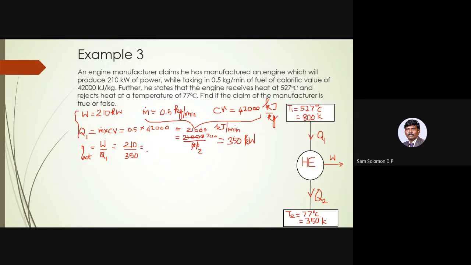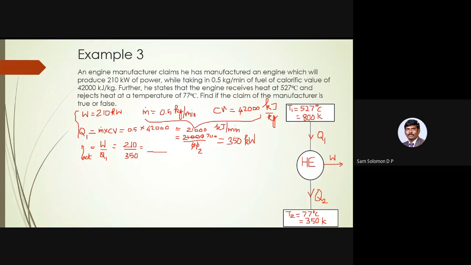This will give you some value in decimal and you can convert that to percentage by multiplying it with 100. So this will give you the efficiency of the actual cycle. The next step is to find the efficiency of the Carnot cycle, and you know the formula for it. For the Carnot cycle, it is 1 minus T2 by T1.